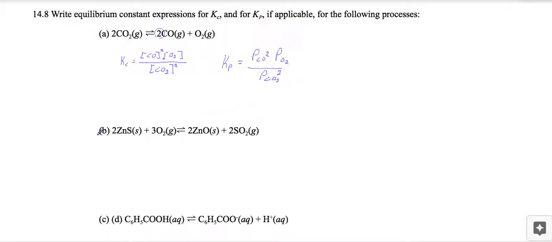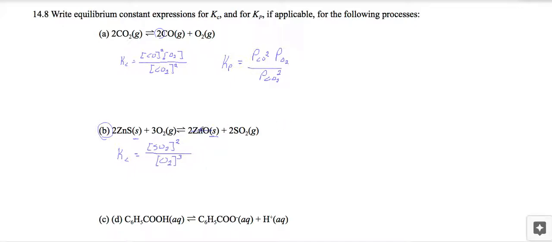Now, letter B here gives us a little bit of practice with solids. So if we have our Kc, we'd only include the gases. We have our concentration of sulfur dioxide squared over our oxygen cubed.